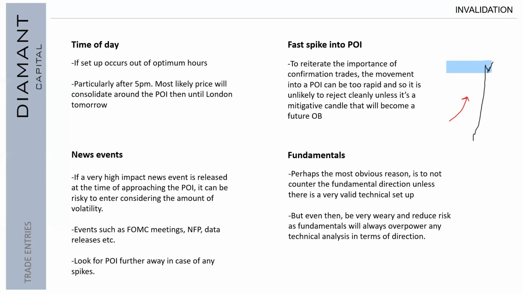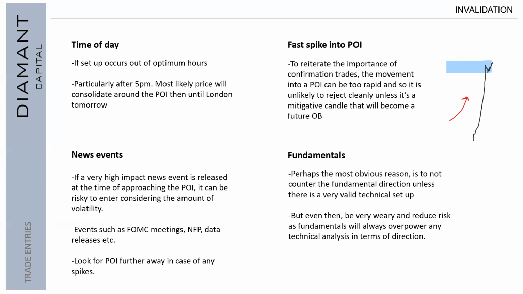The third thing, fast spike into point of interest. This happens a lot during times when you've got fundamentals going on, especially after a news event. For example, if that news event caused a massive buy, so price sped right into your point of interest, and your point of interest was for a sell, really and truly reconsider that as a point of interest, because that massive and rapid move into that area might not be the cleanest point of interest you would find.